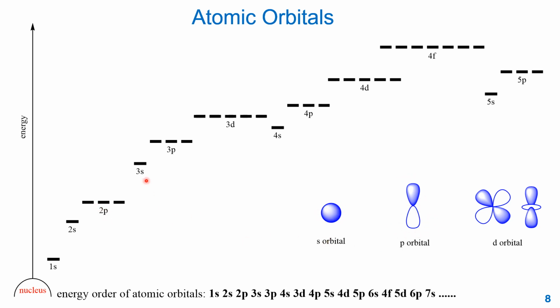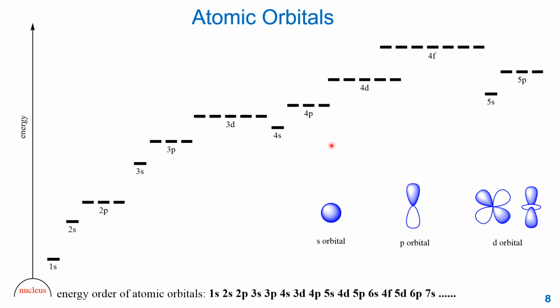So that's again s orbital, that's p orbital, that's the 3p subshell, and that's 4s, 3d subshell. There are 5 orbitals. In the 4p, there are 3 orbitals again. That's the 4p subshell. In the 4d subshell, there are 5 orbitals. And in the 4f subshell, there are 7 orbitals.